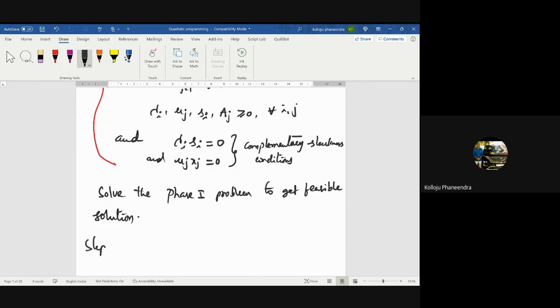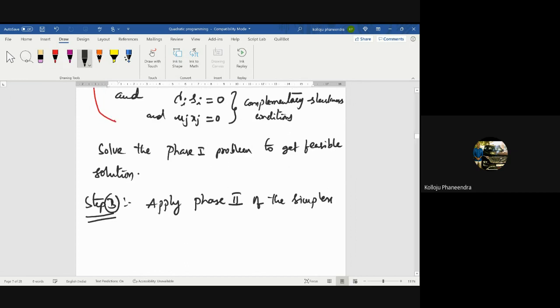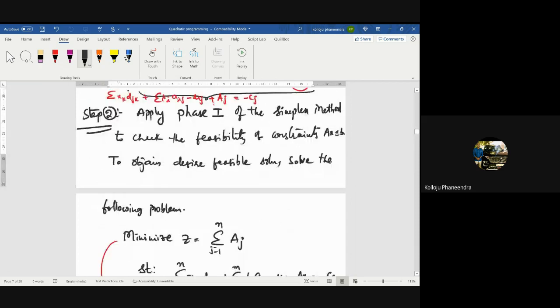Now step 3: apply phase 2 of the simplex method to get an optimal solution. That's it. This is completely the Wolfe method to solve a quadratic programming problem.